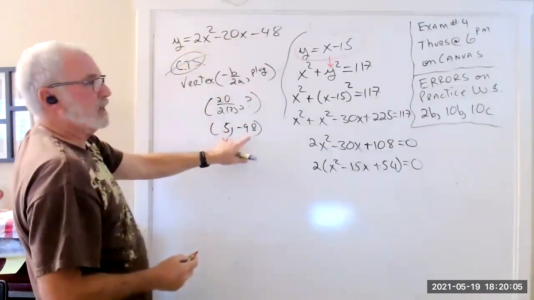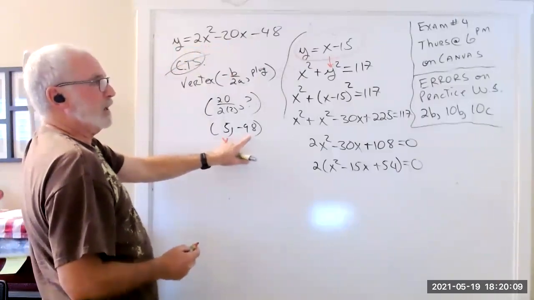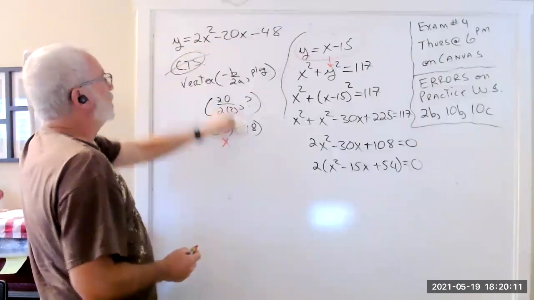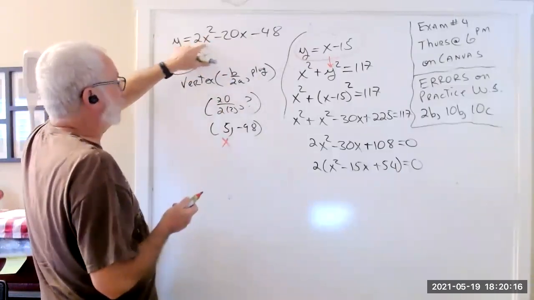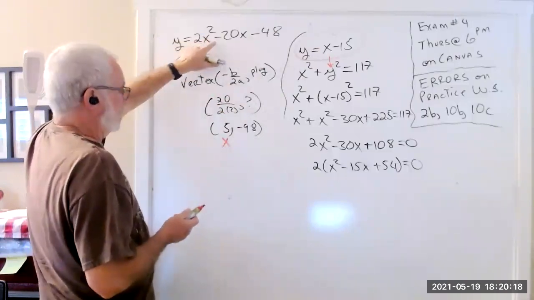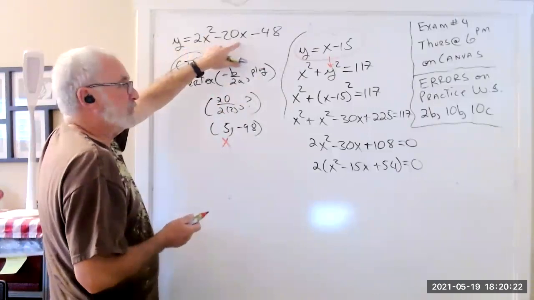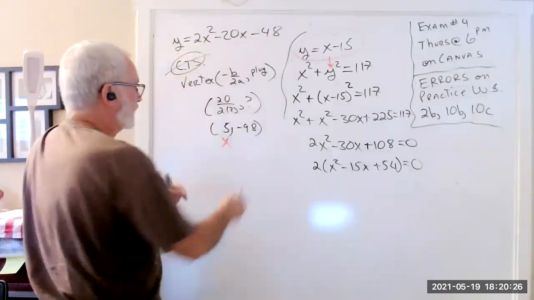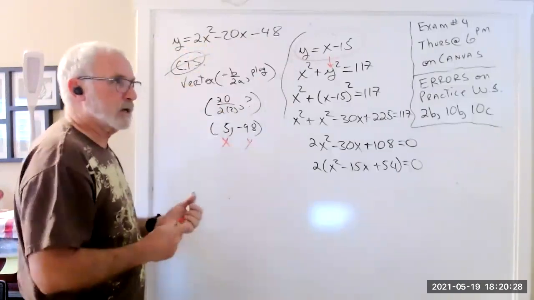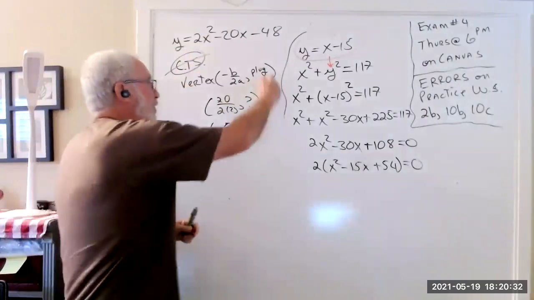The way I got the 98 was doing a whole lot of math in my head, but that's why I trust you guys to check me. If x is 5, this is 25, this is 50. If x is 5, this is minus 100, so that's negative 50. Minus 48 is negative 98. I basically plugged it in.